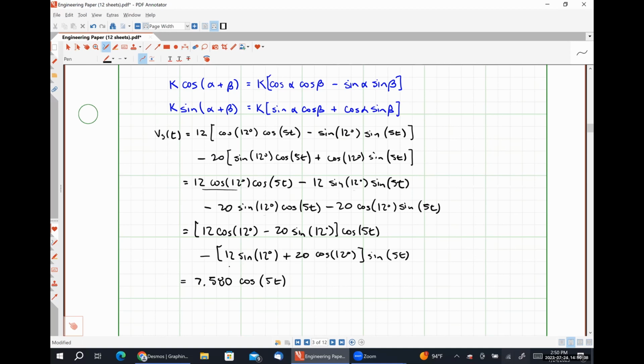And then 12 sine 12 plus 20 cosine 12 is also just a number. So 12 sine 12 degrees plus 20 cosine 12 degrees is 22.058. So minus 22.058.